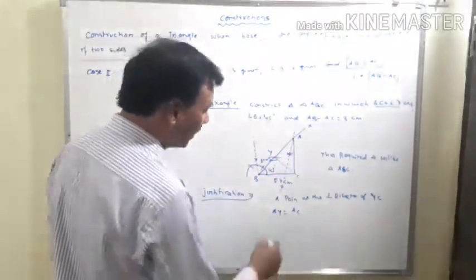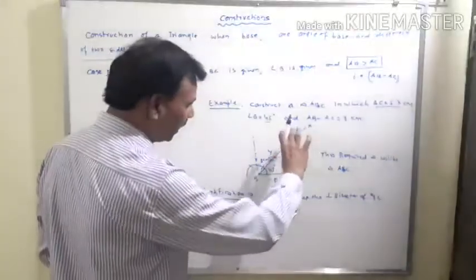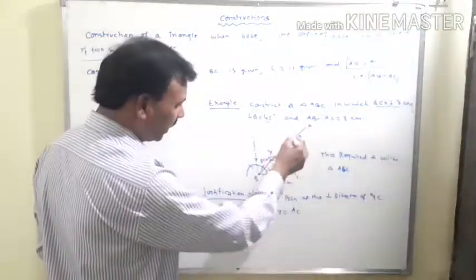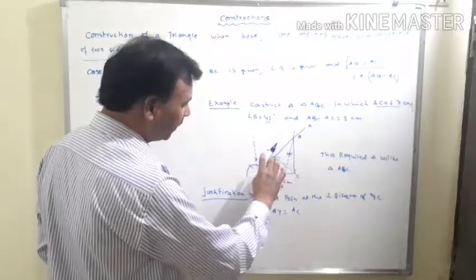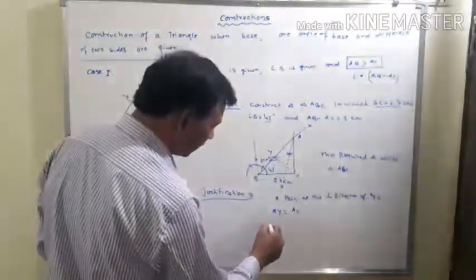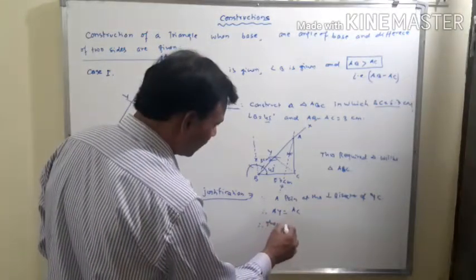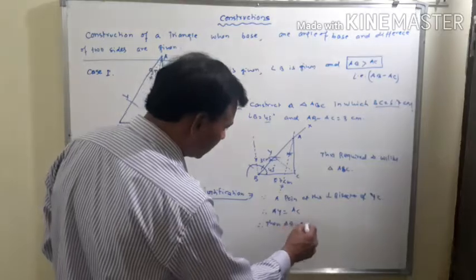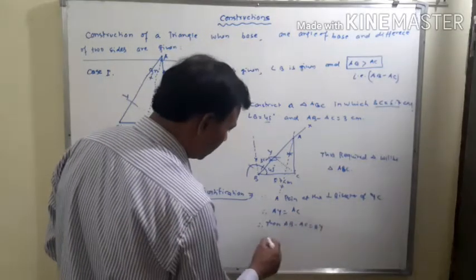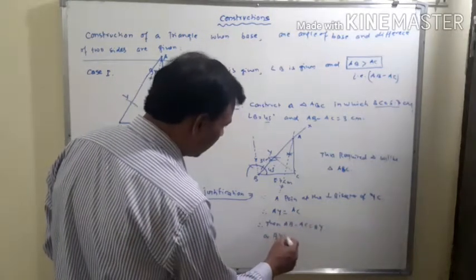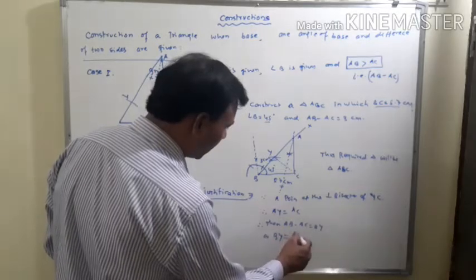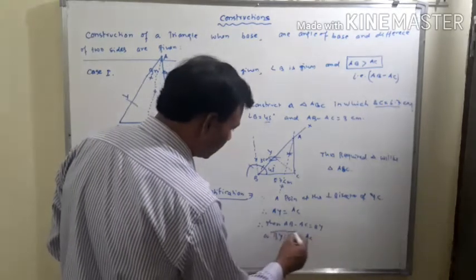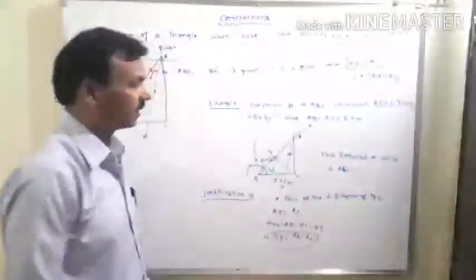Therefore, if AY equals AC, then AB minus AC equals BY, or BY equals AB minus AC. This is the justification of this construction.